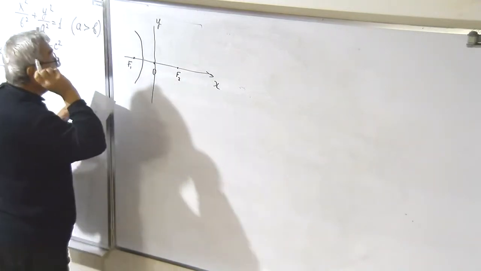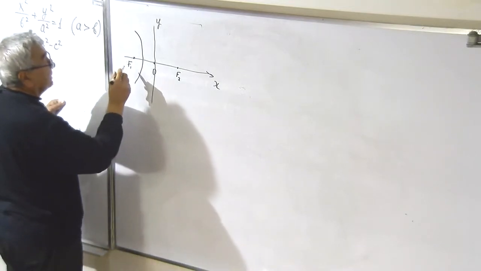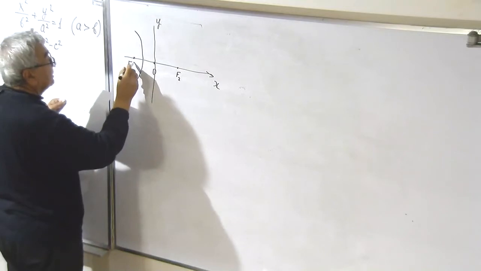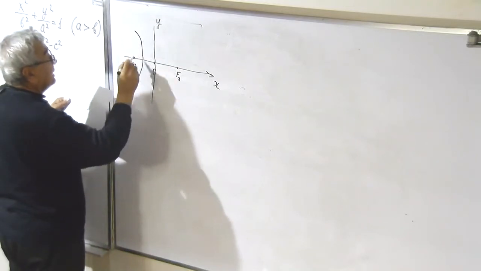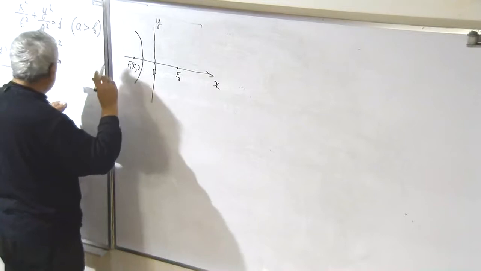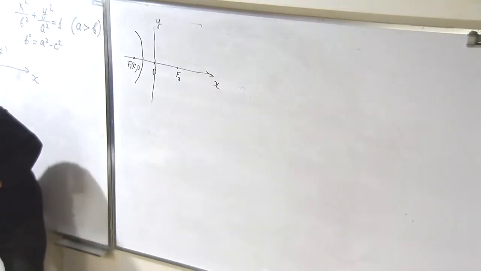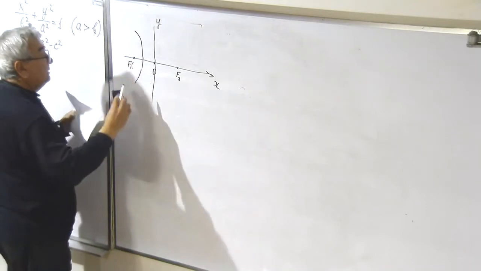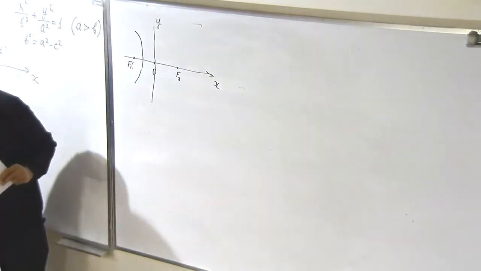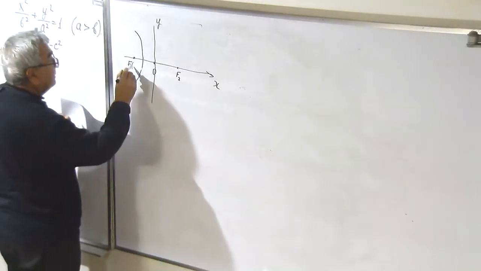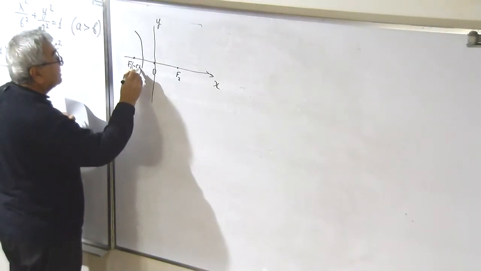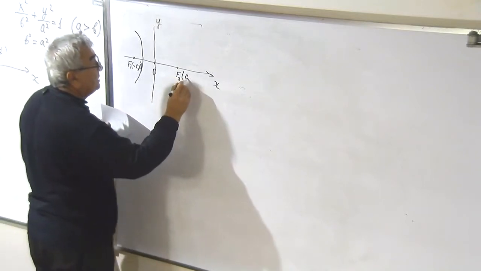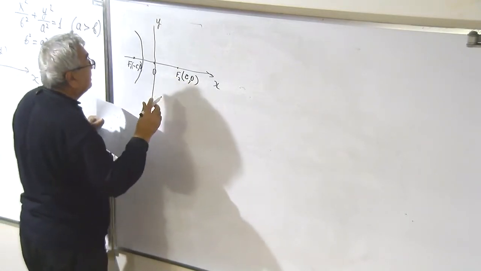Again the distance from the origin to the foci we denote as C. The coordinates will be C, 0 or minus C, 0. Here will be minus C, 0, and here will be C, 0.